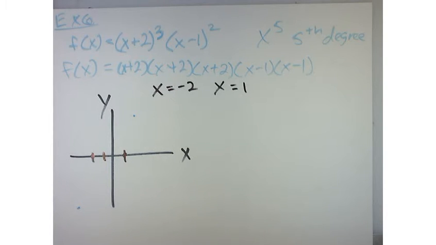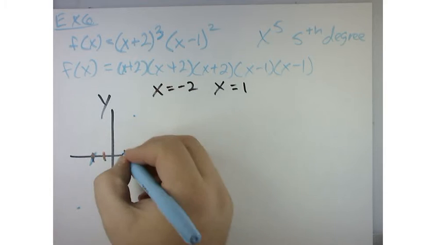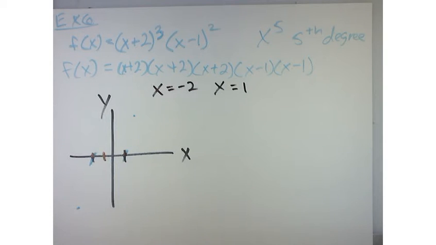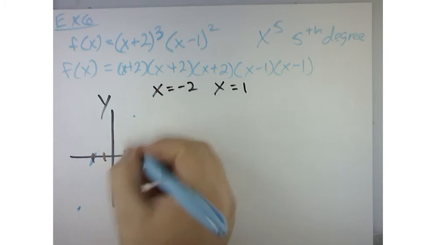The interesting thing though is that it has some multiplicities, and so what would that look like? It's not going to cross more than once or twice, right? It's going to cross here and it's going to cross here. It comes in here, crosses here, and goes out there.